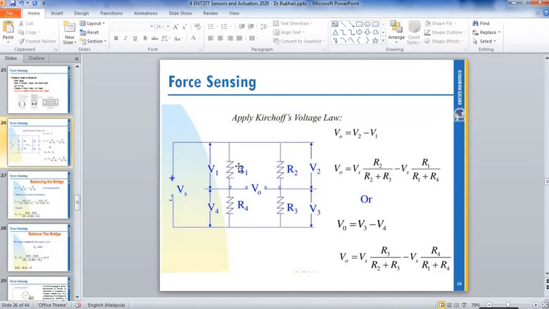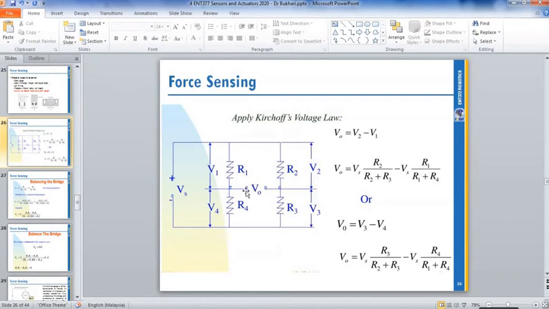And for the other one, R1 divided by R1 plus R4 multiplied by Vs, you get this output voltage. So you can subtract left to right or right to left.